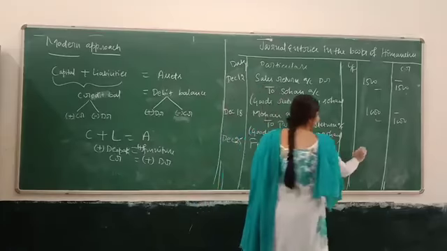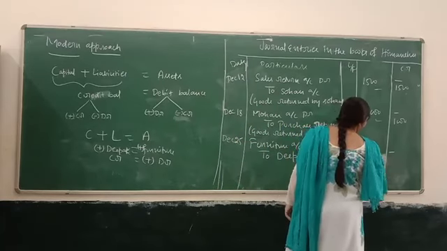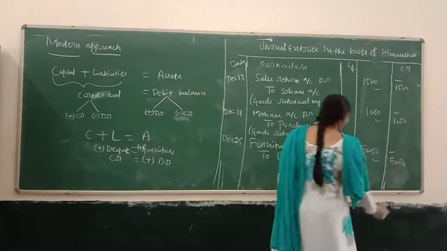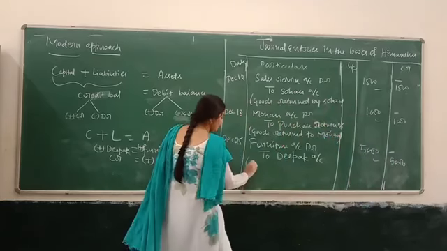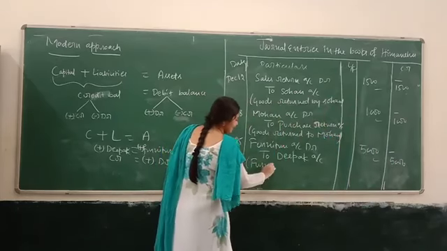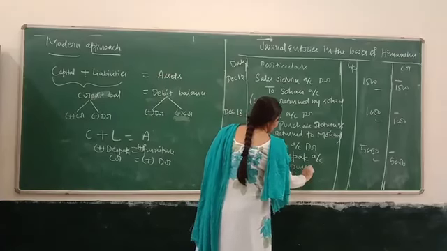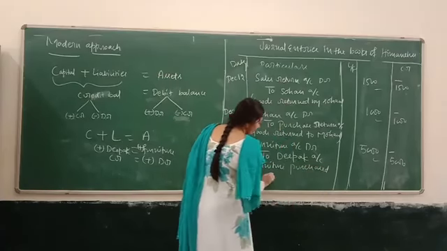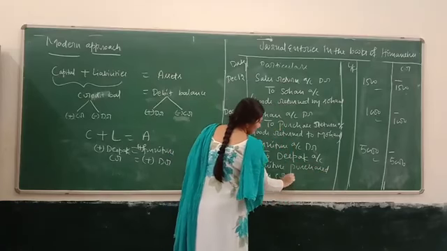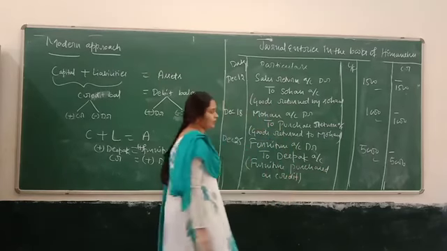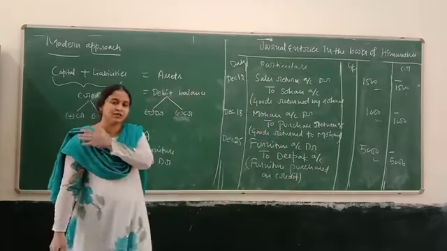What is the amount? 5,000. What is the narration? Furniture purchased on credit. Okay. So this is the journal entry.